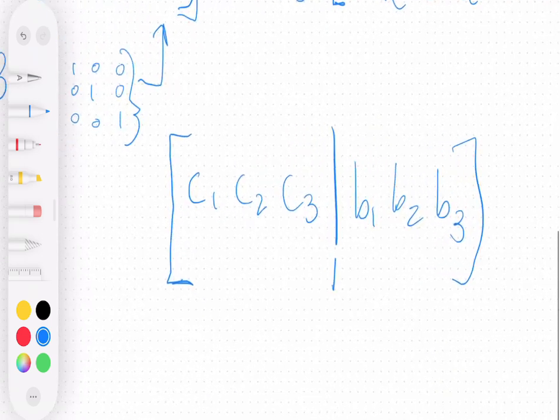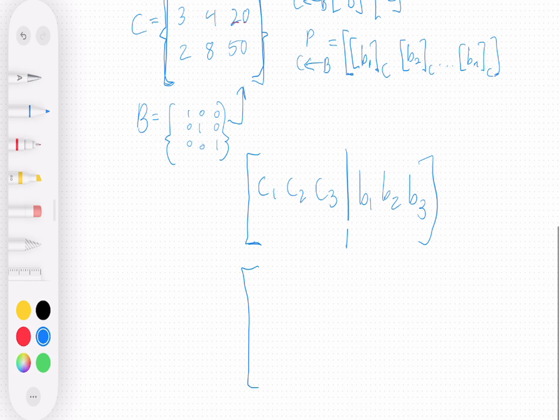And that's going to look like 10, 20, 50. Let me just get these vectors down here, augmented with the standard basis vectors.